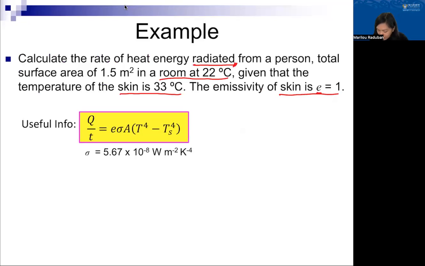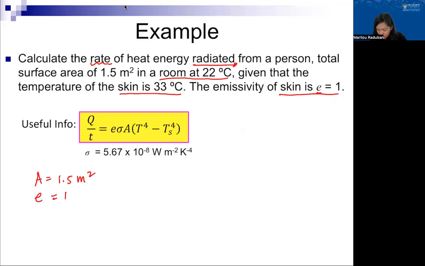We're being asked to find the rate. Rate means heat divided by time, so it's the Q divided by t equation, and we have that here. Sigma is just a constant number, 5.67 times 10 to the minus 8 watts per meter squared per Kelvin to the 4. We can see that we have everything. The area is equal to 1.5 meters squared.